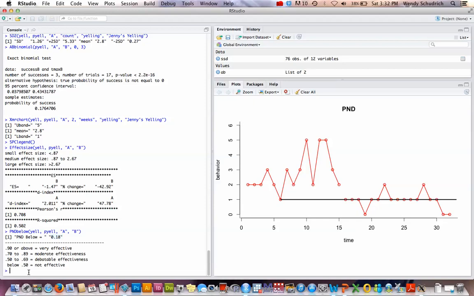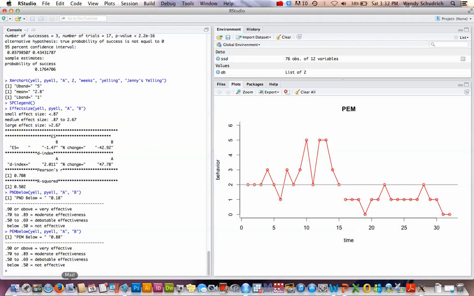So we could use a different point, and that's the median, which would account for the variation in the baseline. So it's called PEM, and here we get the same result that we got using the ES and the D index. So there's kind of a comfort in the fact that all these different forms of effect size are kind of converging.